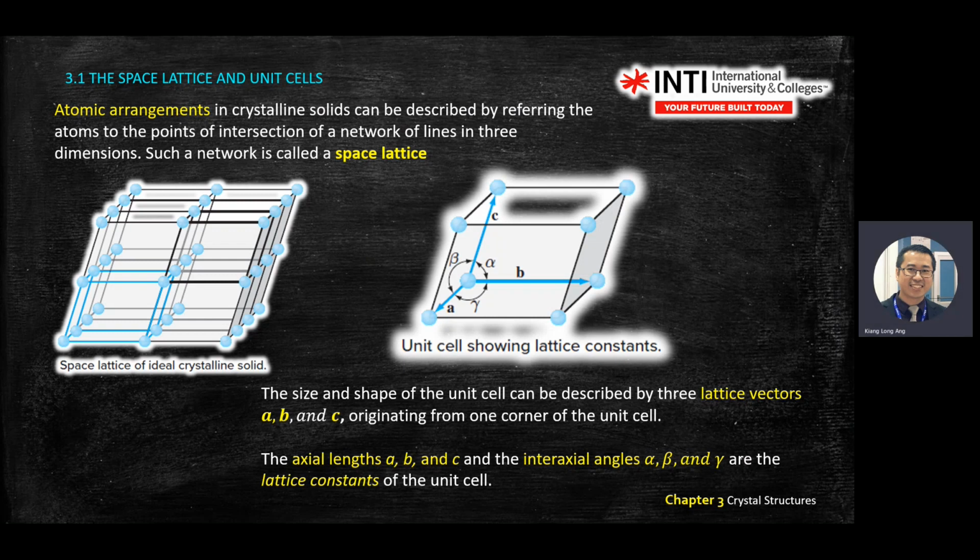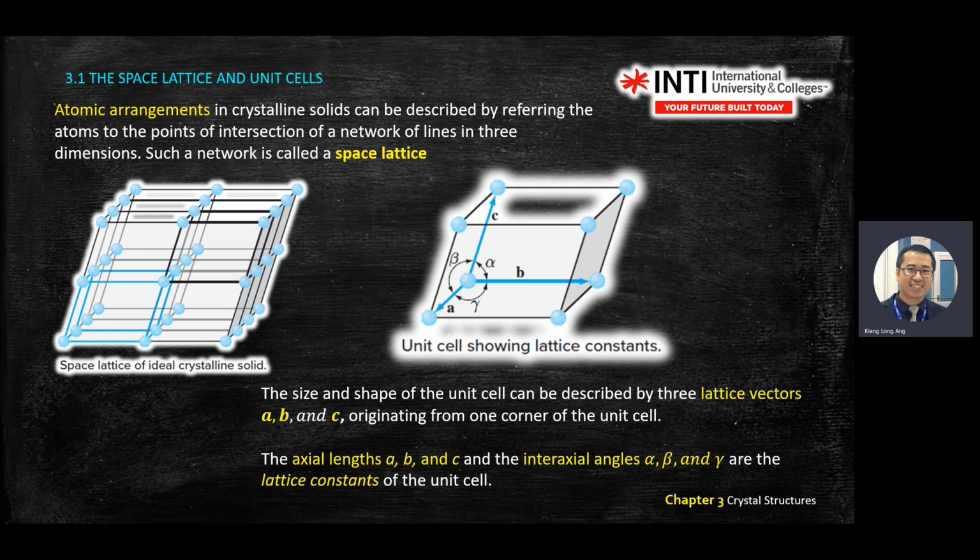Later you'll see atoms inside and outside also. But this is a simple cubic, and you have angles alpha, beta, and gamma. These will form the shape of that crystal. Okay, so they are vectors, lattice vectors.